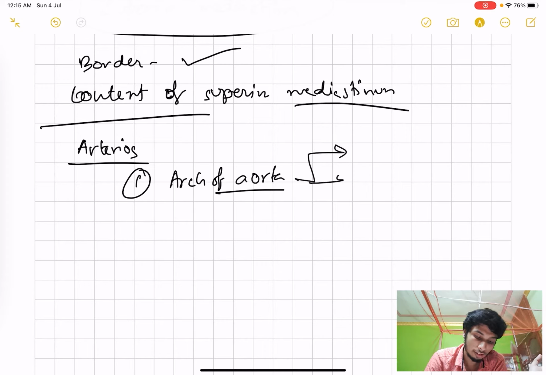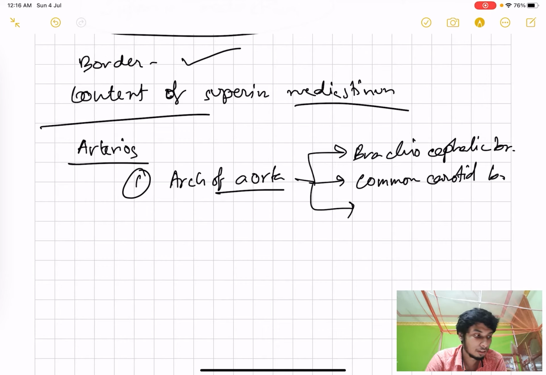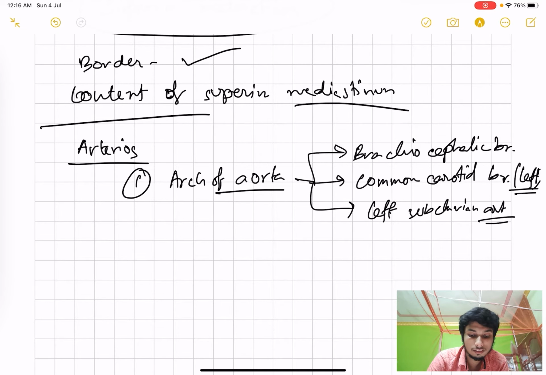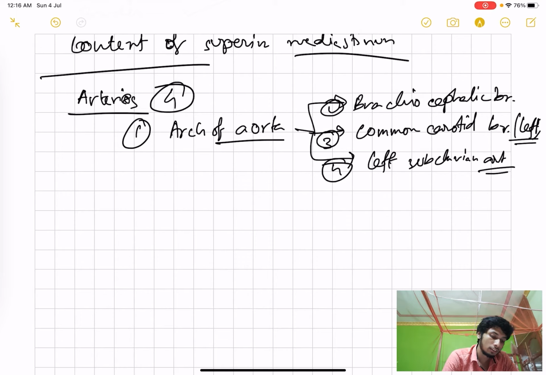So the three branches of the arch of aorta: the brachiocephalic branch, the left common carotid branch, remember, left, and the left subclavian artery. So total is 2, 3, 4. Total 4 arteries.